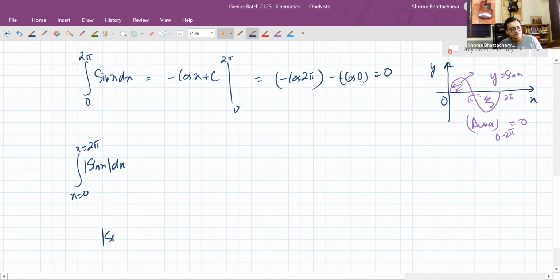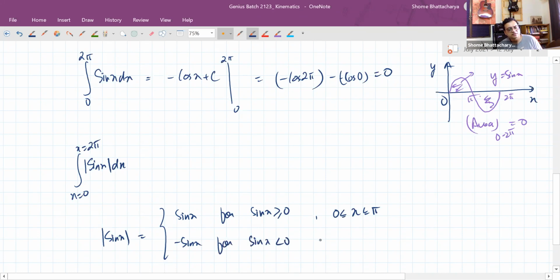I will define it as sin x for sin x being greater than or equal to 0, that means x being between 0 and pi, whereas I'll define it as minus sin x for sin x being less than 0, that is for x being between pi and 2 pi. So this definition is clear now.